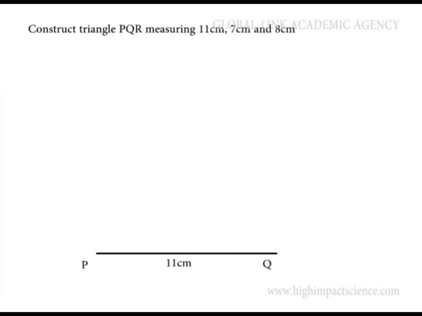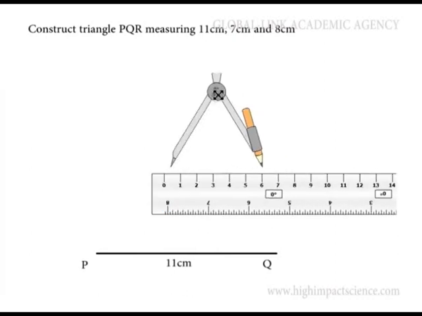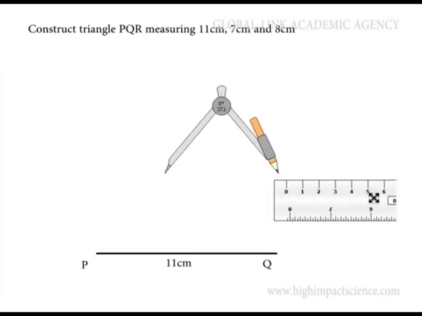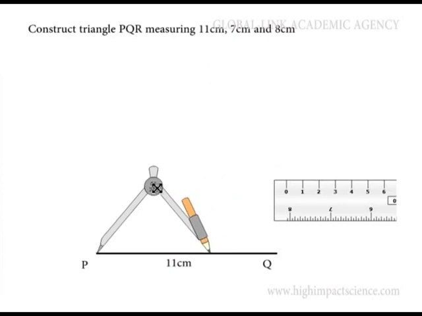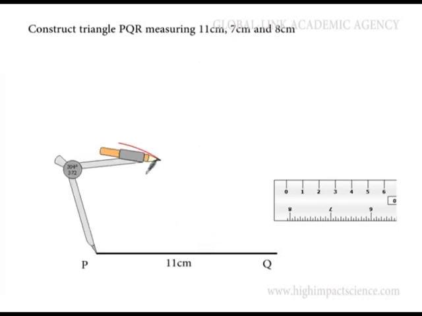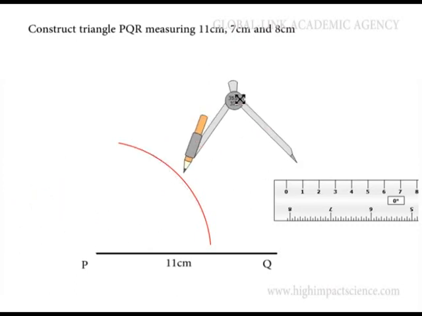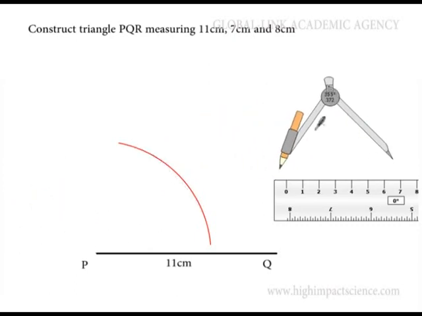Now we find where R is. Take a ruler and a compass and measure 7 centimeters. Draw a big arc from one side of PQ. We do above P. Then take the compass and the ruler and measure 8 centimeters.